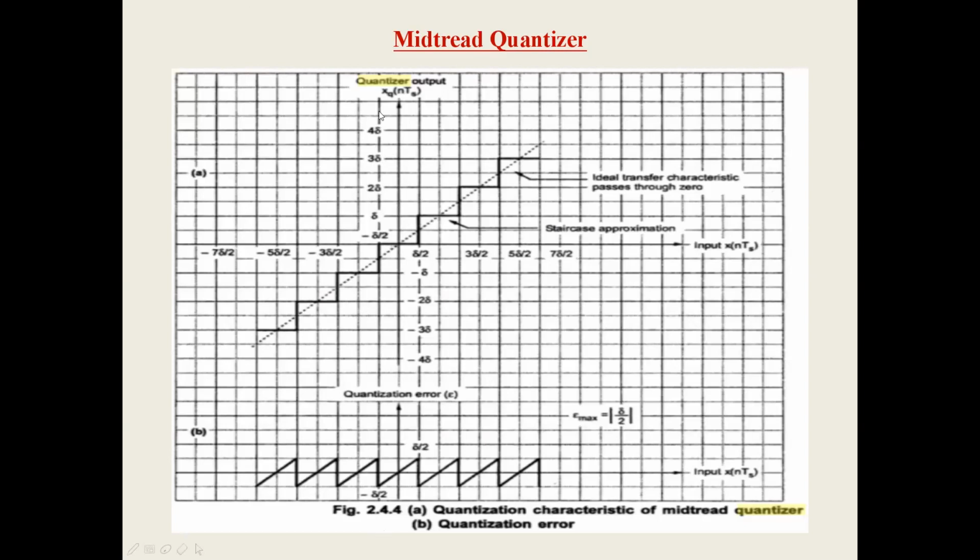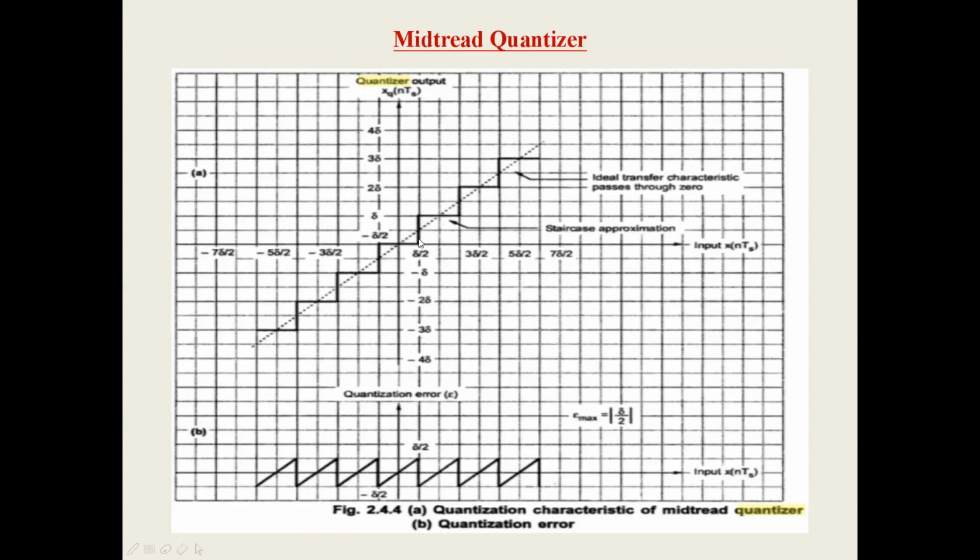On the upper graph, on the y-axis we have the quantized output, xq of nTs, and on the x-axis we have x of nTs. Now, why is it said to be a mid-tread quantizer? You can see that at the origin the input x of nTs is 0, and the output is also 0 at the origin.